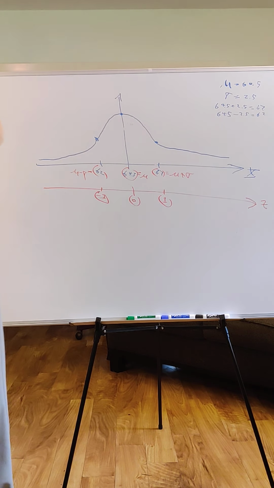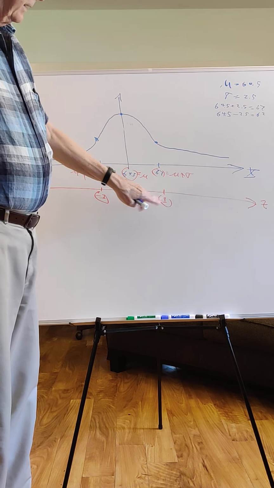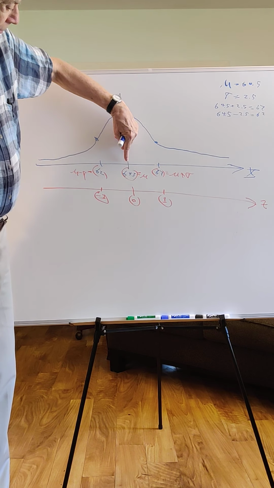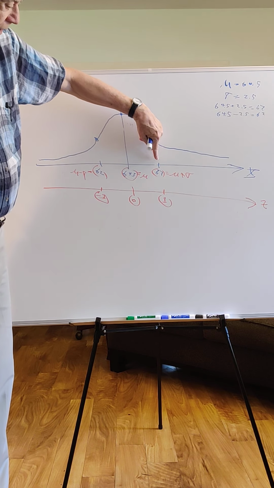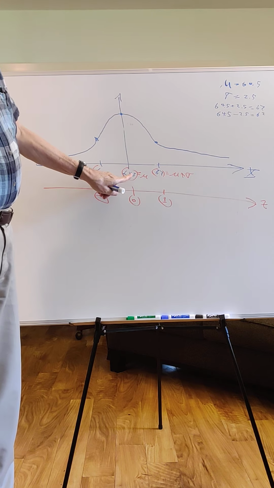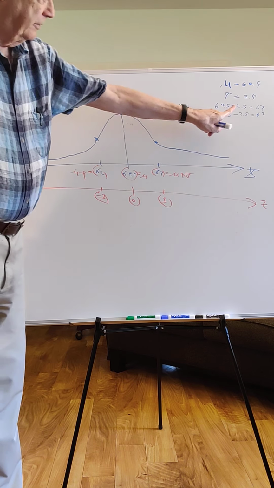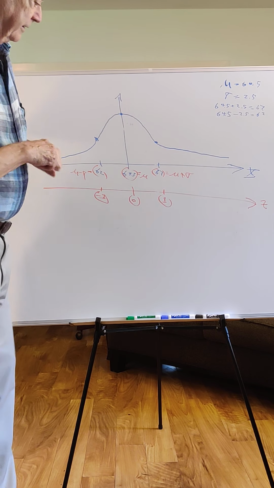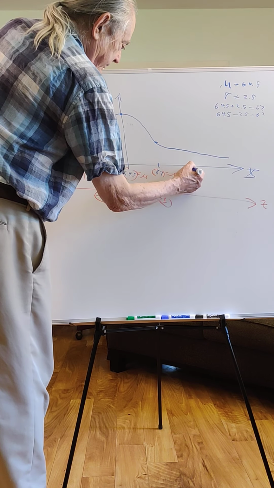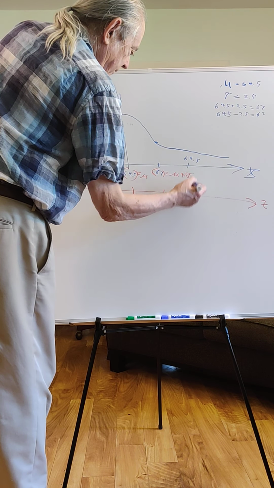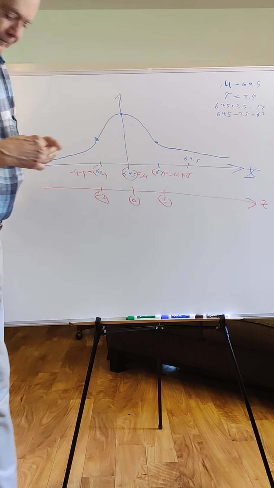All right, how do you do that? So the value down here, the z value, is the number of steps that you have to walk in order to go from the mean to the value that you're given. So to go from 64.5 to 67, you have one stride of length 2.5. To go an additional step, which would take you to 69.5, that would be 2 steps.